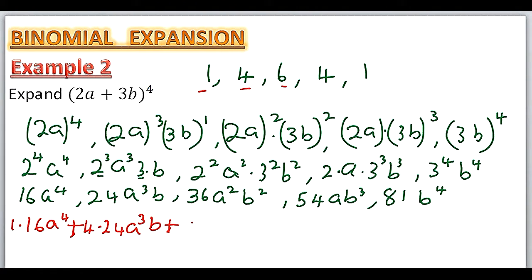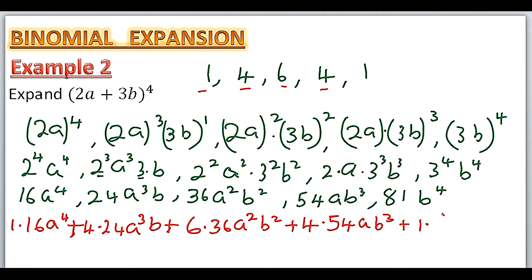We are now expanding, so we have 6 multiplied by 36 a squared b squared, then we have plus. The next coefficient is 4, so we have 4 multiplied by 54 a b cubed, then we have plus. The next coefficient is 1, we multiply by 81 b to power 4.